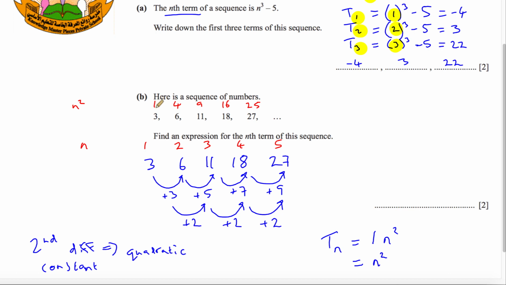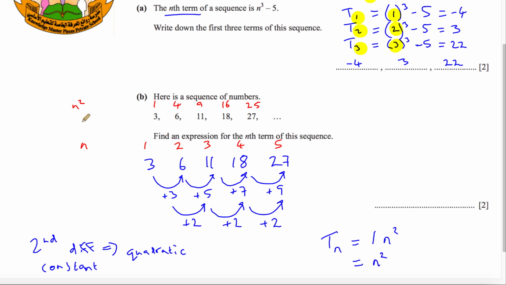And if we now compare these numbers, the number 1 to the number 3, number 4 to 6, number 9 to 11, and so on, what is needed now to get from these red numbers, these n squared numbers, to the sequence? And what we see is each time what we need to do is add 2. If we add 2 to 1, we get 3. Add 2 to 4, we get 6, and so on.